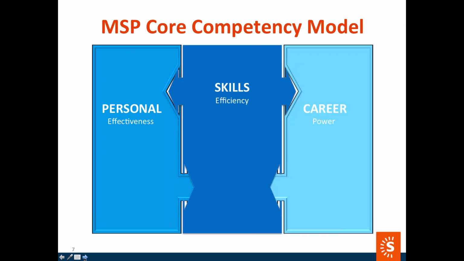And then the middle column is defining all of the skills that we have to do in our jobs every day and how efficiently we're able to practice those skills.